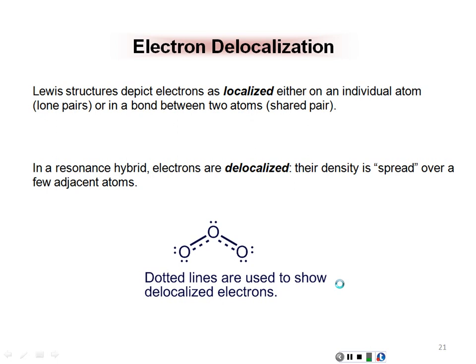So Lewis structures depict electrons as localized, either on an individual atom as lone pairs or in a bond between two atoms as a shared bonding pair. In a resonance hybrid structure, electrons are delocalized, and that is showing them being spread over a few adjacent atoms. So this dotted line indicates that those two electrons are being spread between all three oxygen atoms.